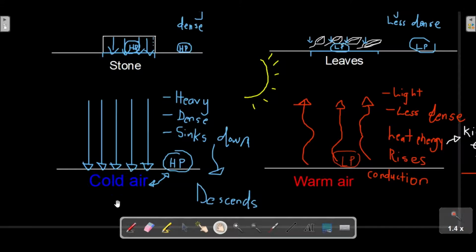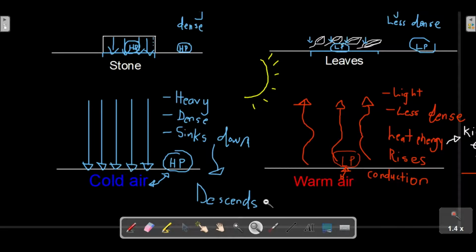Whereas cold air is heavy, is dense, it sinks down, it presses against the ground, and it has a greater mass, and hence it applies a greater force and a greater pressure onto the ground. So we should ensure that we know that warm air is always associated with low pressure, and cold air is always associated with an area of high pressure.